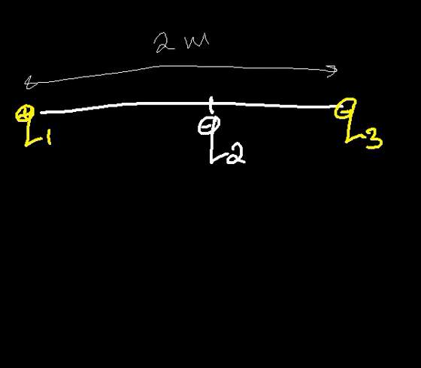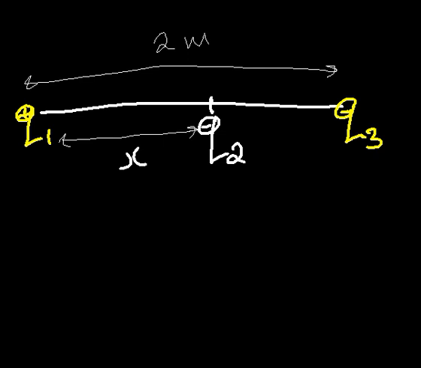And let's say from the origin, or the reference point, which is on charge 1, charge 2 is at some distance. I would call it distance x.